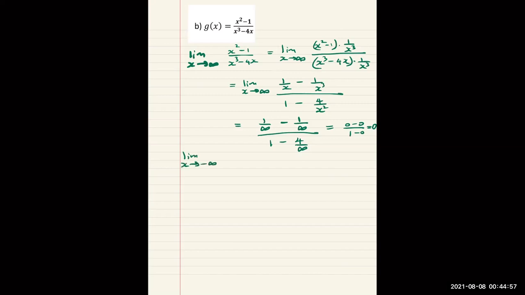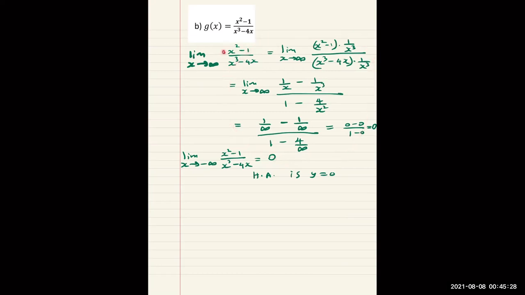And even if you compute the left limit, as x approaches minus infinity, of x squared minus 1 divided by x cubed minus 4x, using the same technique, you can see that that is also 0. So the horizontal asymptote in this case is y equals 0. And by the way, this is very clear from the horizontal asymptote theorem. Because in this example we are asked to use the limit concepts to find horizontal asymptotes, that's why we use this analysis.